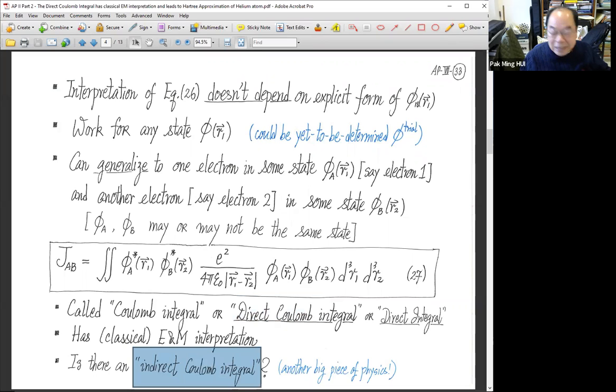And that indirect Coulomb integral does not have a classical electromagnetic interpretation. It is entirely quantum in nature. We will see that later when we discuss the helium excited state. But in the ground state, we only have 1s, and thereby we only have this direct J term.